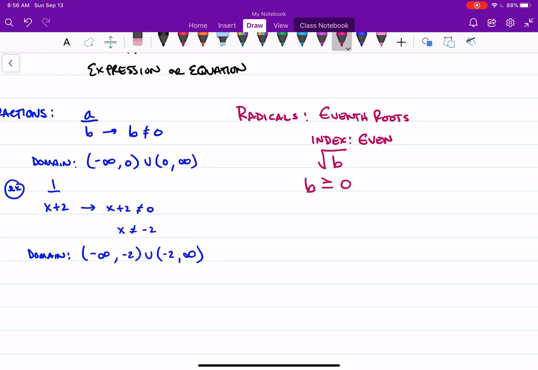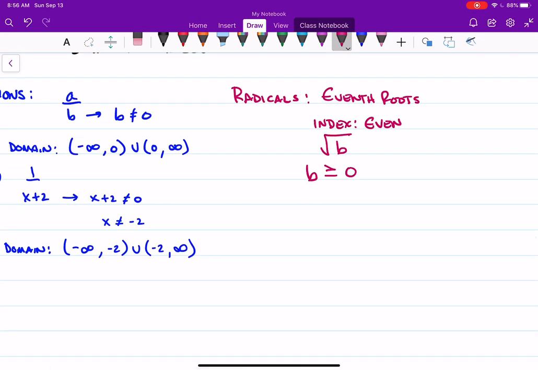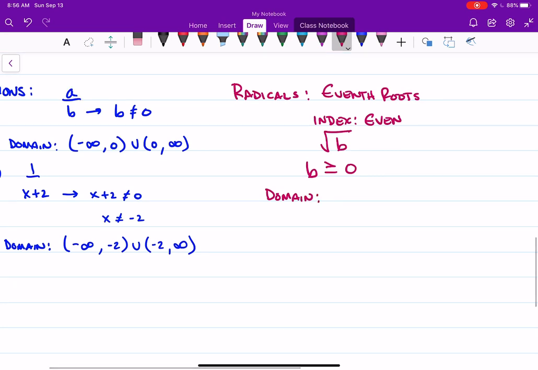So b cannot be a negative number. Therefore, in this domain, I can't have negative infinity. So I can only go from 0 to positive infinity, okay? I can't go anything less than 0, but it can be equal to 0.